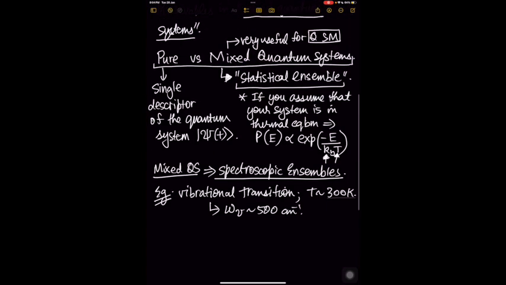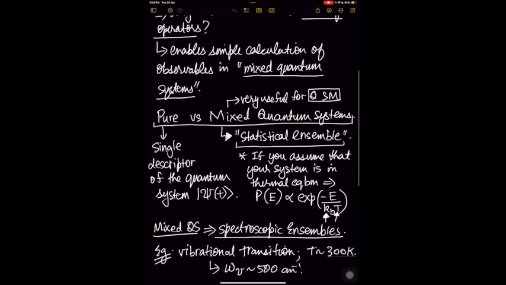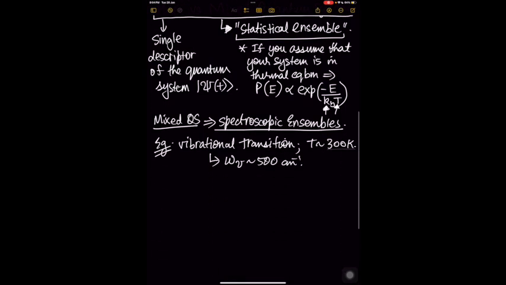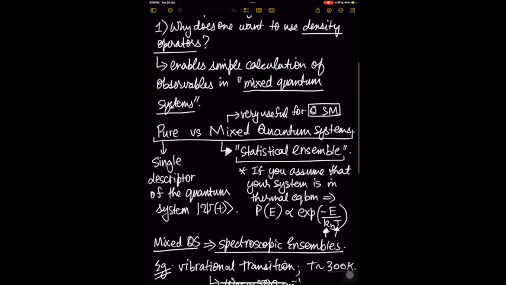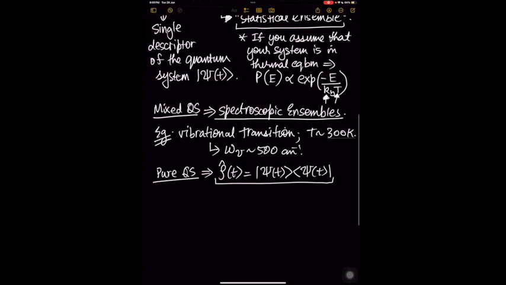Now that we have described pure and mixed quantum states, let's start off with pure quantum states first. The density operator for a pure quantum state is defined as the outer product of the state ket with its Hermitian conjugate, which would be the bra, and it is defined this way. Now, as I just mentioned, the density operators enable simplified calculation for observables in mixed quantum states.